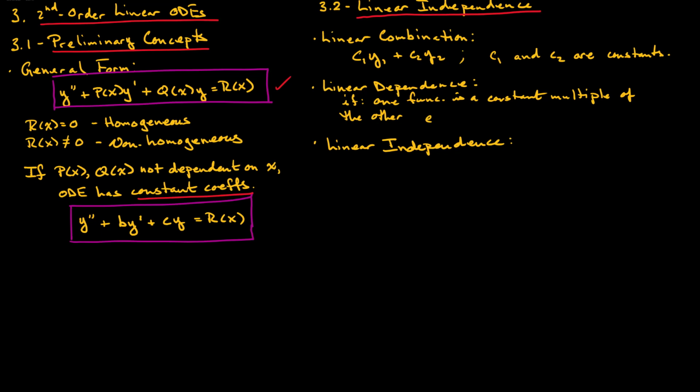So for example, if we have 5x and minus 2x, so we have two functions, and we can see that, let's say y1 over y2 is equal to 5x divided by negative 2x, and we are left with just a constant, negative 2.5. So we say that 5x and negative 2x are linearly dependent.